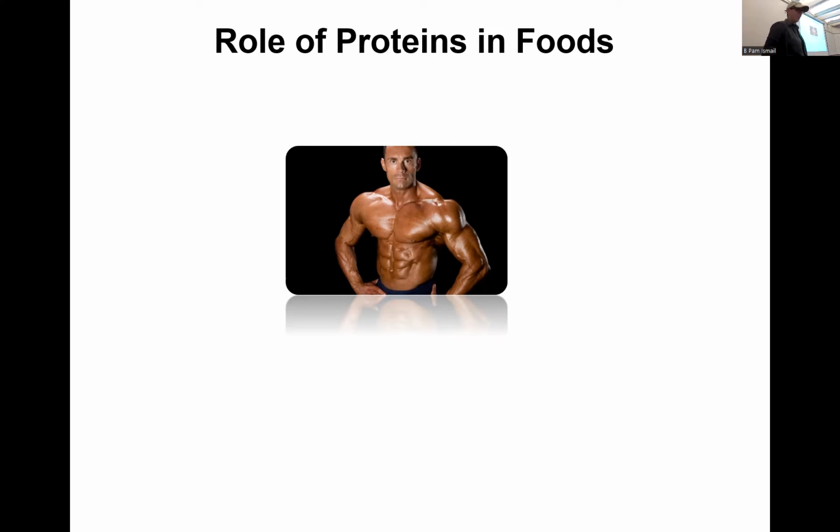So the role of proteins in food, one of it is building your muscles. But I should also put a healthy older person exercising and retaining their muscle mass. Also, that requires protein.